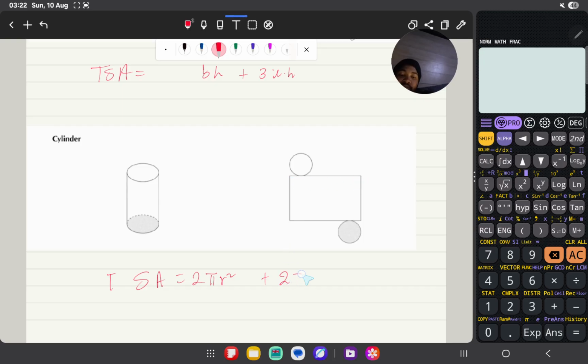So you have 2 pi radius, which is the circumference, right? It's the side, and then multiply by what? Multiply by height. So this is the height, and this is the circumference, which is 2 pi radius.